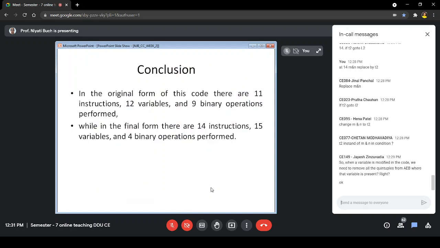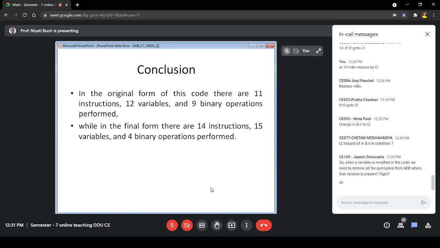In the original form of this code, there are 11 instructions, 12 variables, and 9 binary operations. This is the state for the original form of the code.